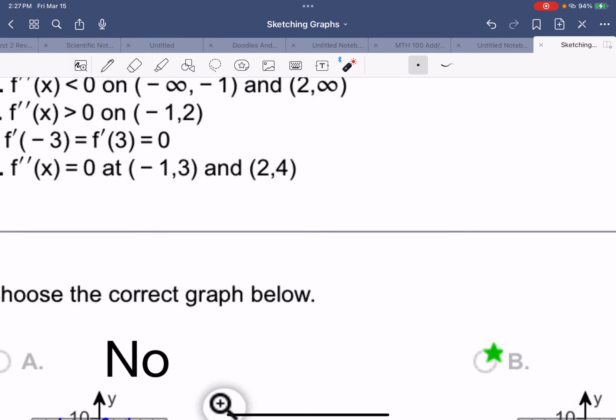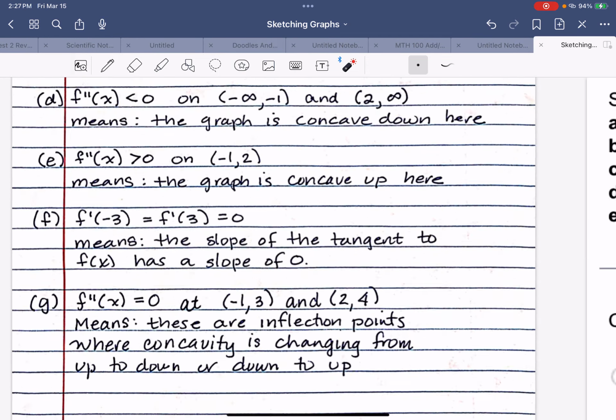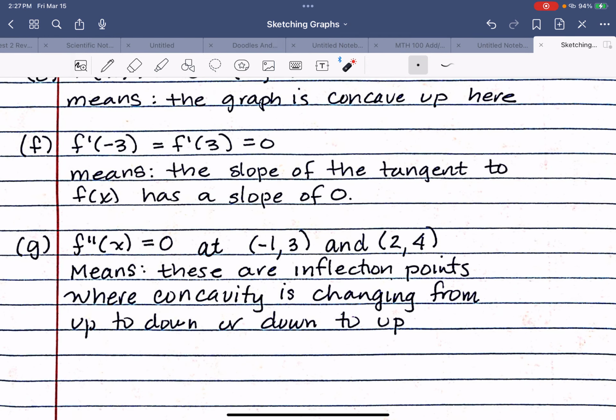And the last one, the second derivative. The second derivative is 0 at the points negative 1, 3 and 2, 4. Well, these are inflection points because the second derivative tells you about concavity, and an inflection point is where the concavity is changing.